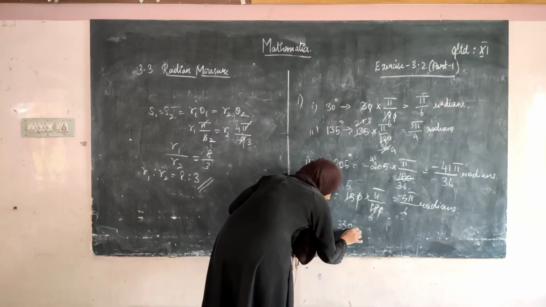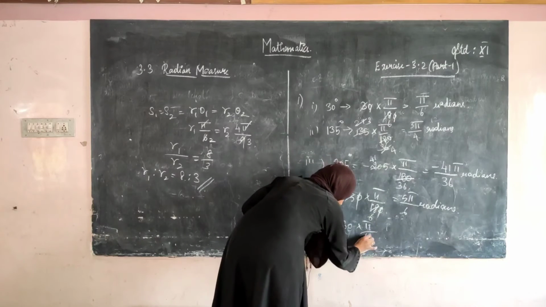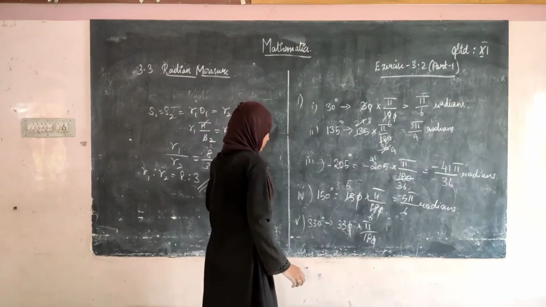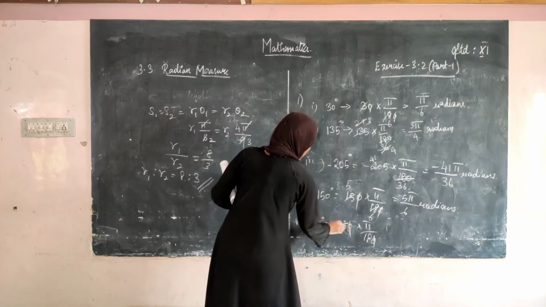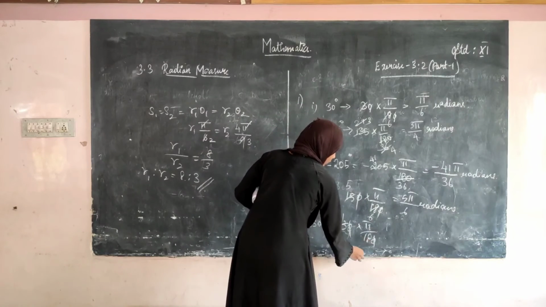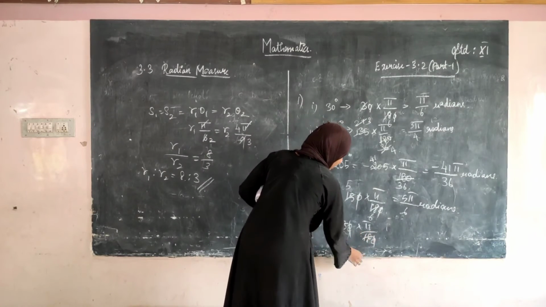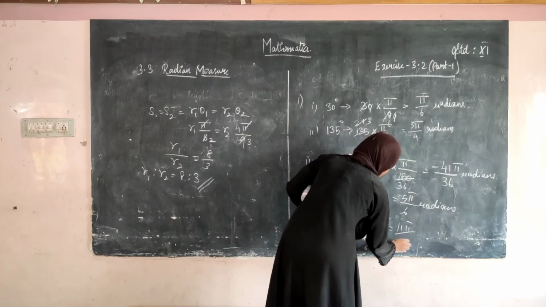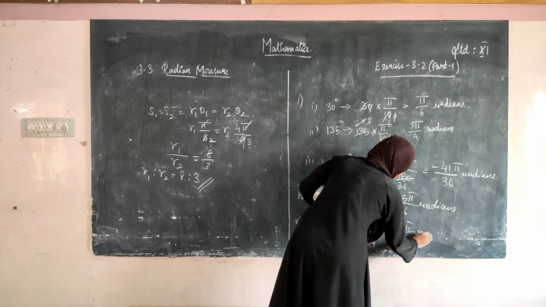Therefore, 330 into pi divided by 180. So 3 into 11 is 33, 6 into 3 is 18. Therefore, 11 pi divided by 6 radians.